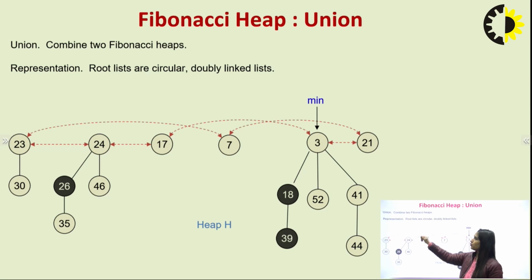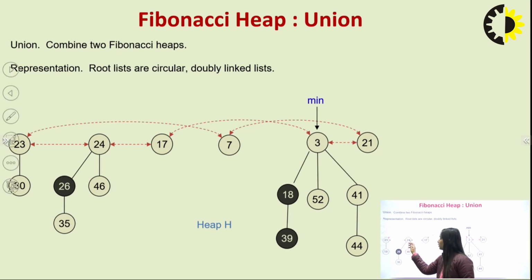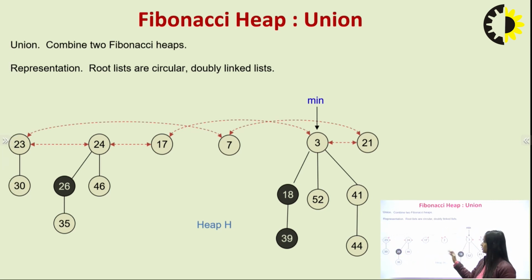The representation is like a root list R, a circular doubly linked list. You can see this is a circular doubly linked list. 23 is linked with this node 24, and this 24 is also linked with this 23. So this is a circular doubly linked list.